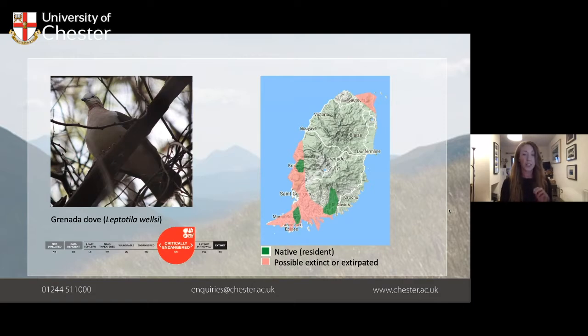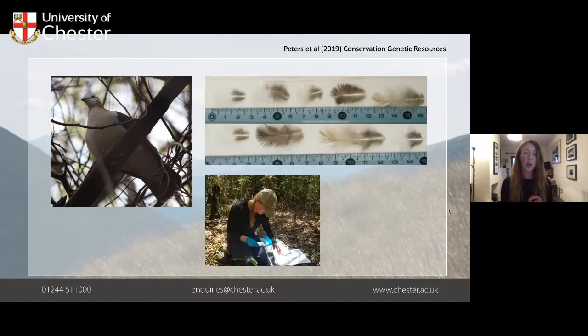Actually, there's only individuals in 2 of those areas now. Very little is known about this bird. We don't even know who it's closely related to, and there have never been any genetic resources developed for this species. It's so endangered that we can't go near it.